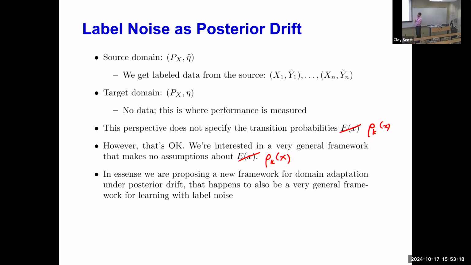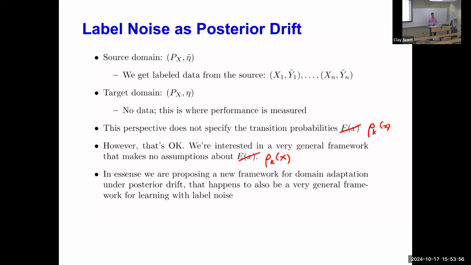Functionally, that's okay, because I want to do something that's very general and that doesn't make any assumptions about these transition probabilities anyway, and we don't need them to specify the problem, right? So to generate the noisy training data, all we need is P_X and eta tilde. To generate the test data, all we need is P_X and eta. We don't need these transition probabilities, functionally speaking, to set up this problem.